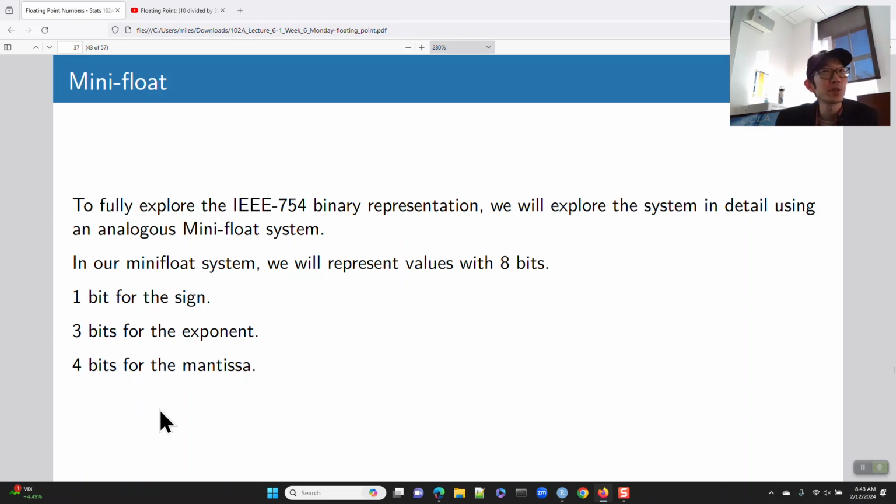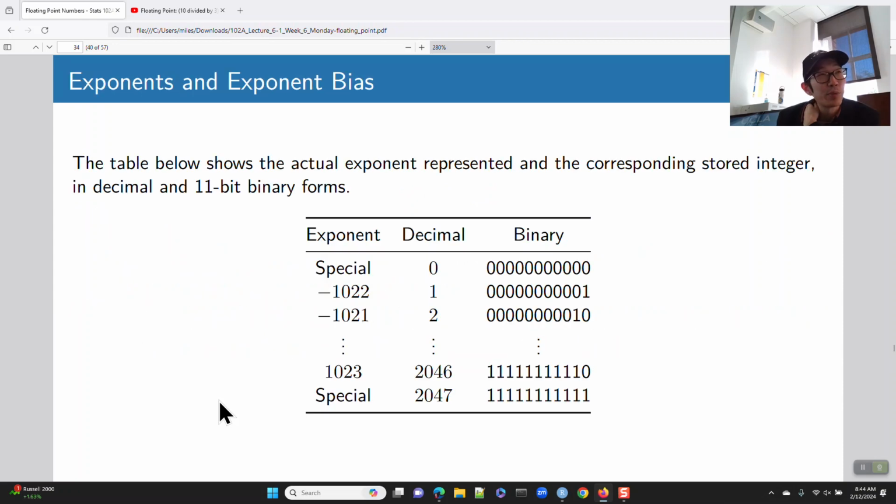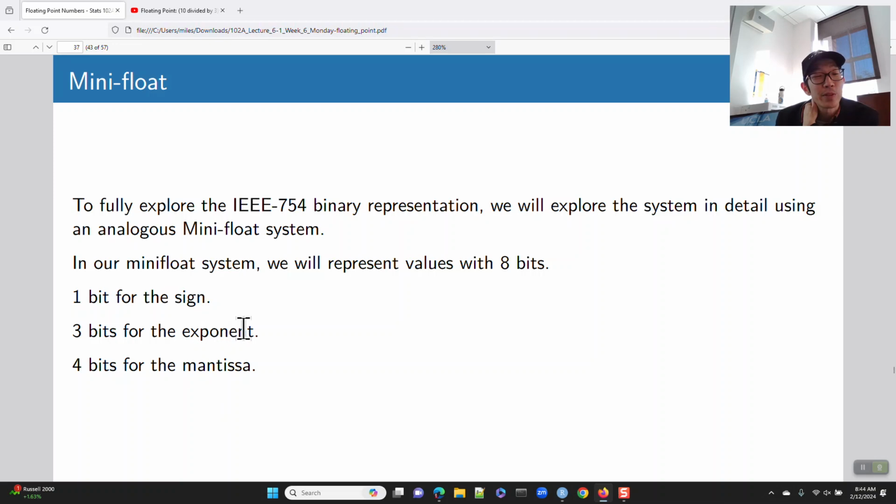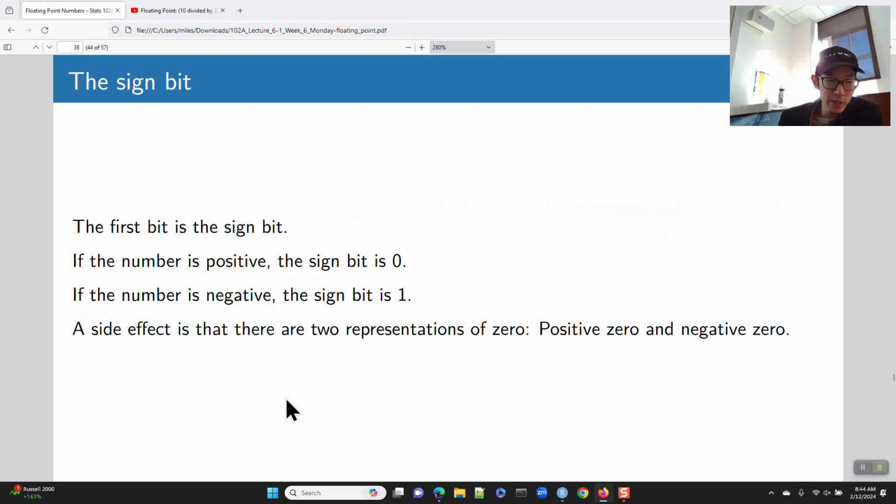How would our number system work? This is a miniature version of the full double precision floating point. In double precision, we have 1 bit for the sign, 11 for the exponent, and 52 for the mantissa. But here we're going to just have 1, 3, and 4. I think this will give us a better picture of how the system works.